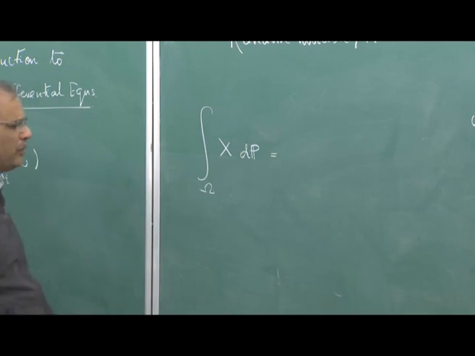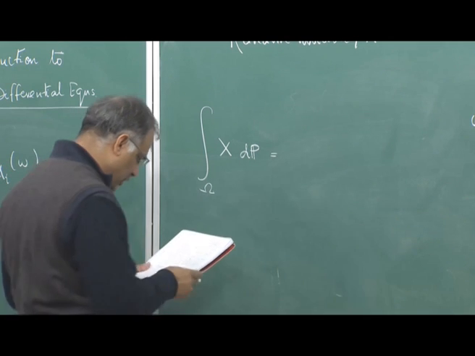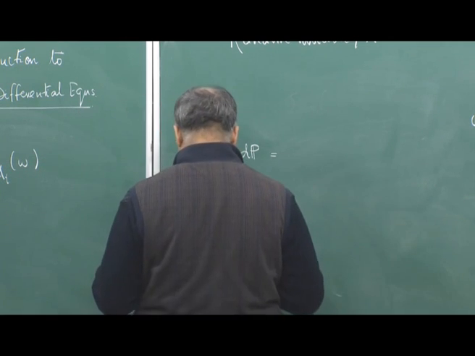of this random variable. Of course you can talk about a random vector, I will just write at the end what one can do for a random vector, but this is just for the random variable.